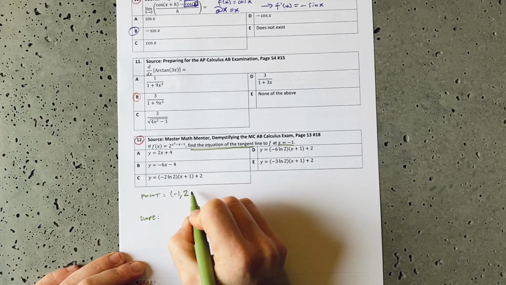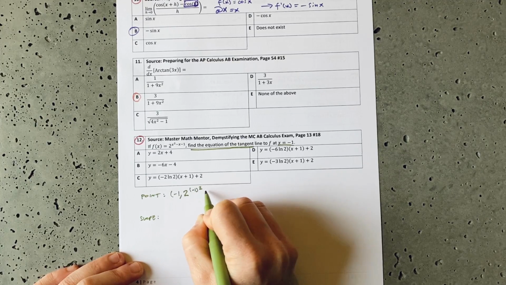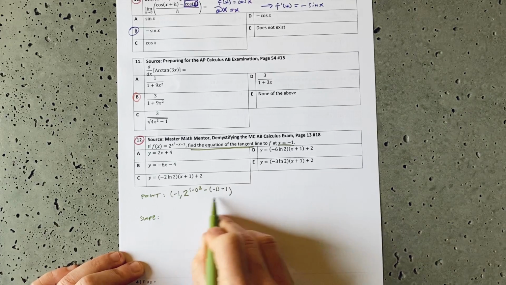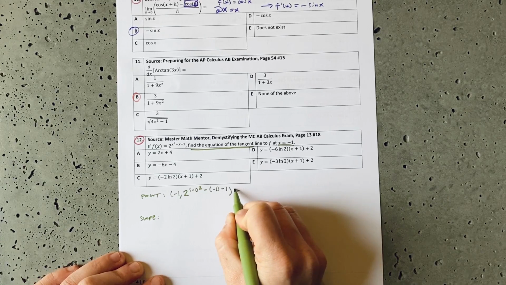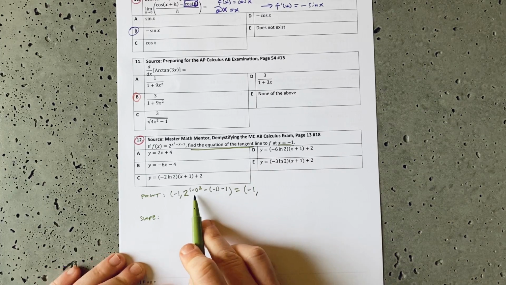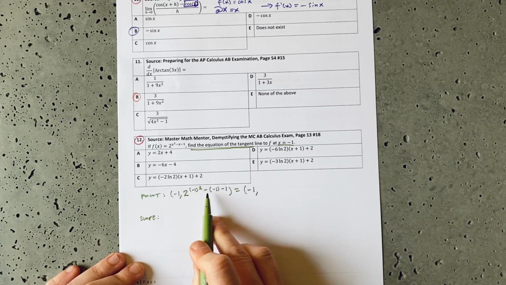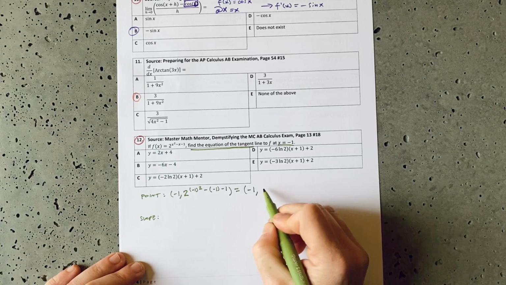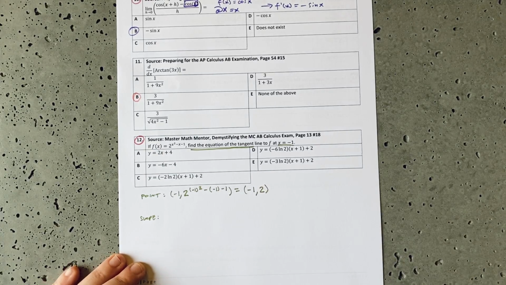So we have 2 to the negative 1 squared minus negative 1 minus 1. That would be your y value. Let's simplify it so it actually looks like a point. We have the point negative 1, comma. All right, negative 1 squared is 1, plus 1 is 2, minus 1 goes back to 1. So we have 2 to the 1, which is just 2.